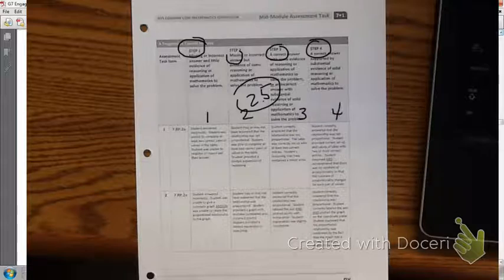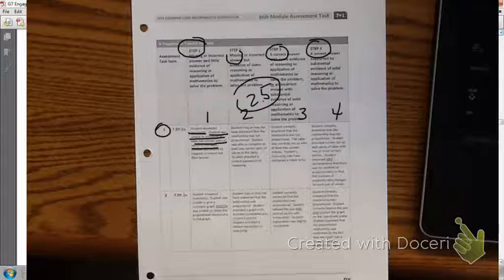You can see the question number right here. So question 1. If the student answered incorrectly, they may get a 1. If they were unable to compare any correct pairs in this question, and it was obvious that they really did not know what they're doing, they'd get a 1.